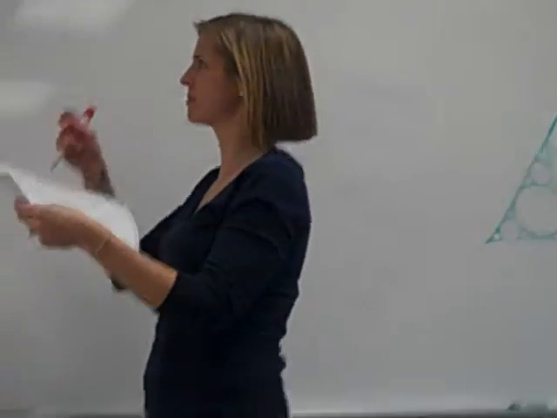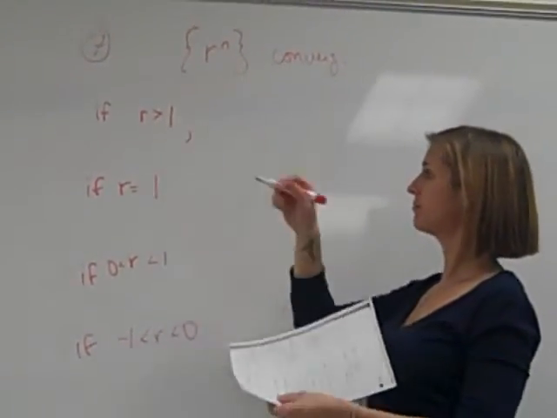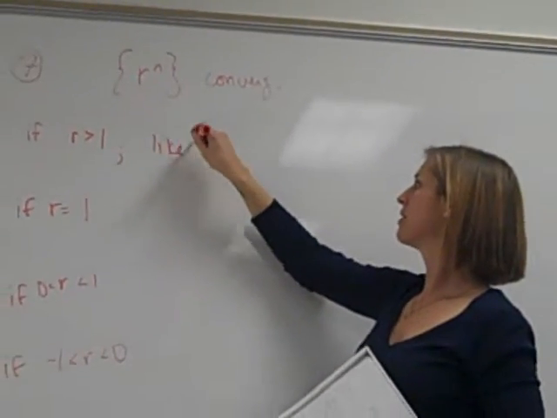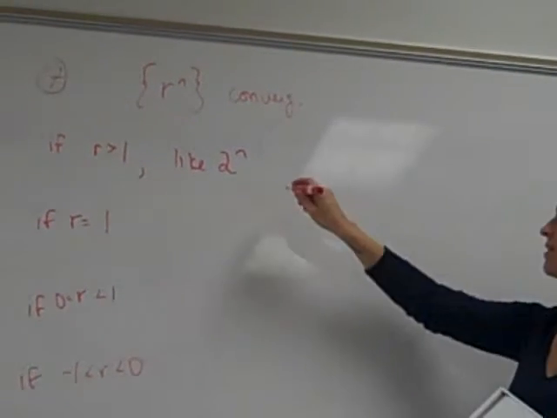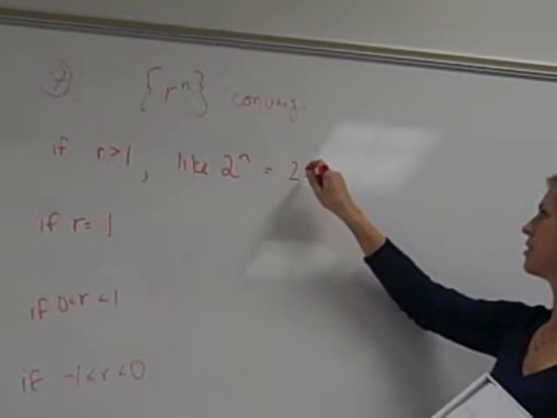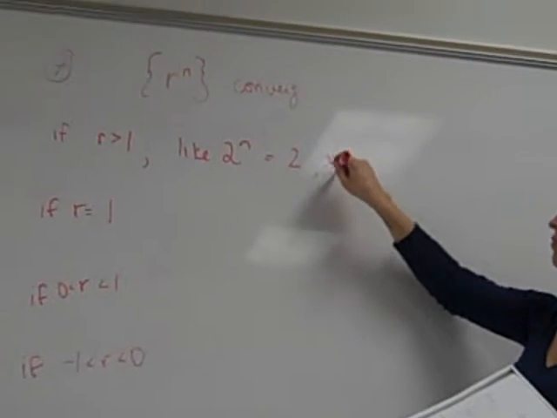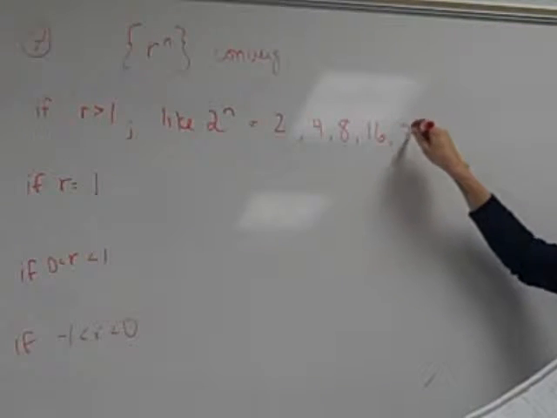Let's start in the beginning, then we'll go from there. So if r is greater than 1, let's say r is 2, like 2 to the n. Well then, this is a sequence, right? 2, 4, 8, 16, 32.